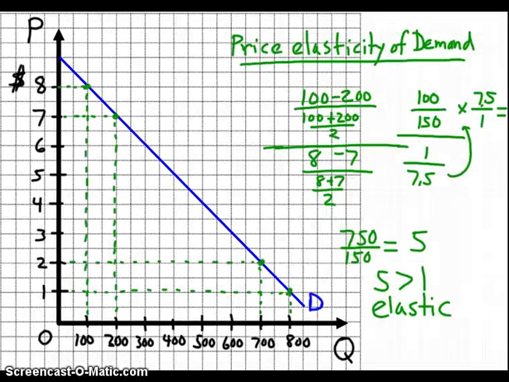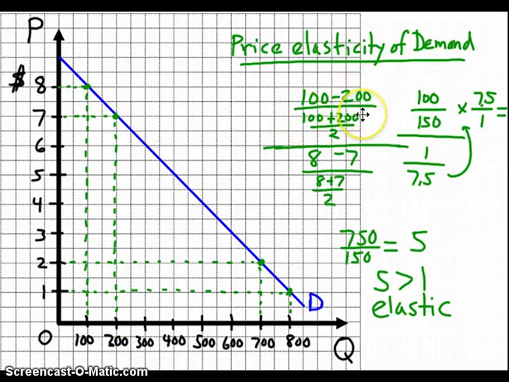So now here I've plugged in the numbers, and we're looking at the price elasticity of demand. How responsive is the quantity demanded to a price change up in the upper part of our demand curve, where what we should find is that it's going to be elastic. So I've just plugged in the numbers. Remember, it's the change in quantity demanded up here. So at 8, the quantity demanded was 100, minus at 7, the quantity demanded was 200.